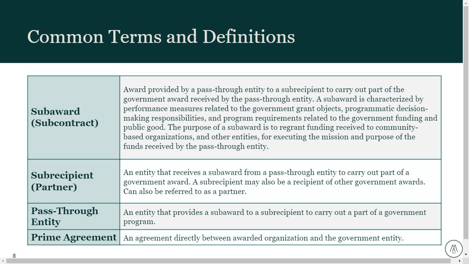The pass-through entity is the entity that receives the funding from a prime funding source or agency, and then again may pass those funds through. A prime agreement is the agreement between your organization and your funder. Sometimes this will just be in the form of a notice of award or NOA, an MOU, so that mutual understanding agreement, or an actual prime contract agreement with all of the contractual language and signatures and that kind of good stuff.